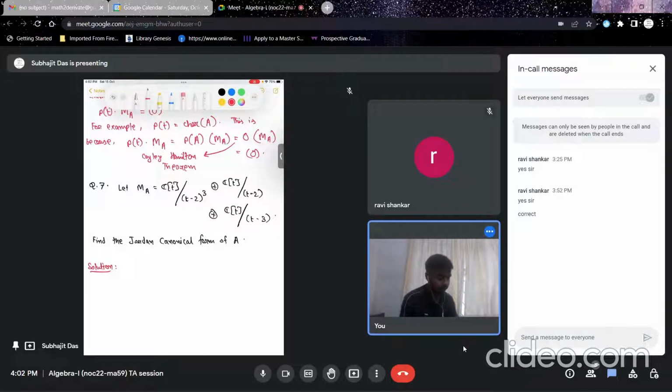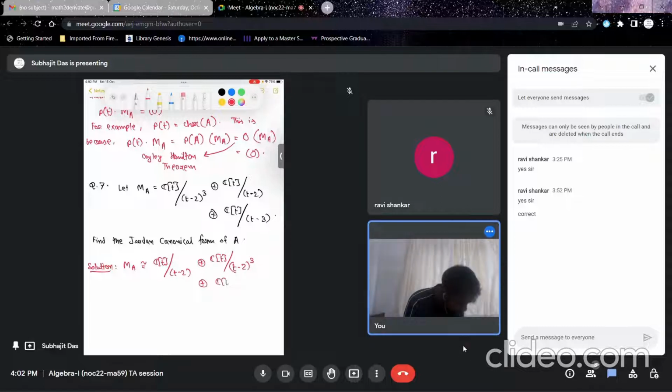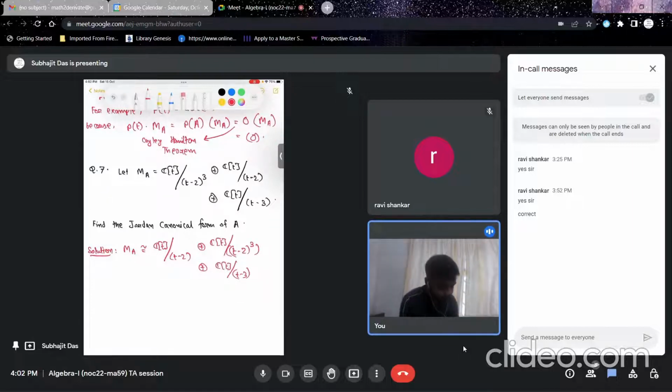So M_A is isomorphic to C[t] modulo (t minus 2) whole cube direct sum C[t] modulo (t minus 2) direct sum C[t] modulo (t minus 3), the ideal given by t minus 3. Let me just write the powers in order. So this is what M_A is, and therefore the Jordan canonical form is.